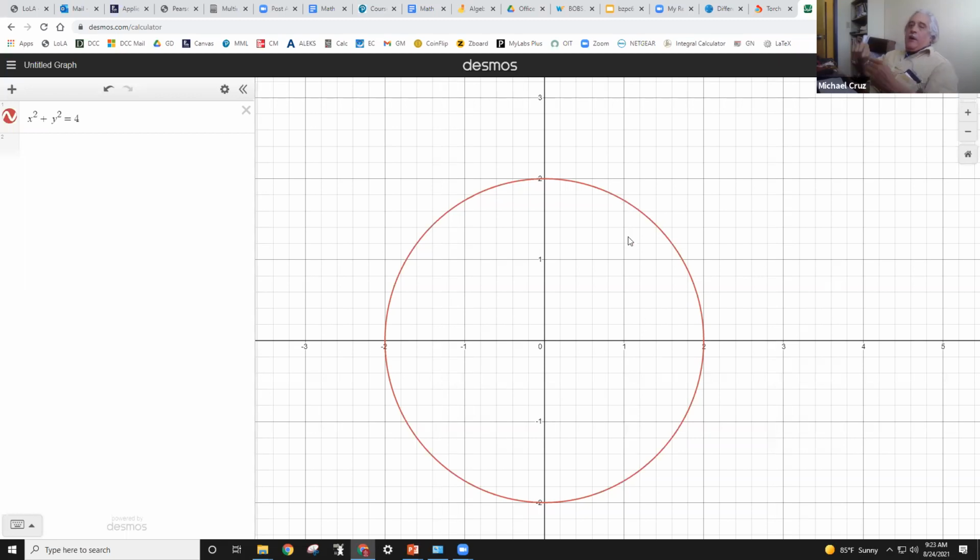So what it ends up being is the opposite values. In other words, it's the negative square root and the positive square root. And the same thing happens for any value of x. So that's why this breaks the rule.